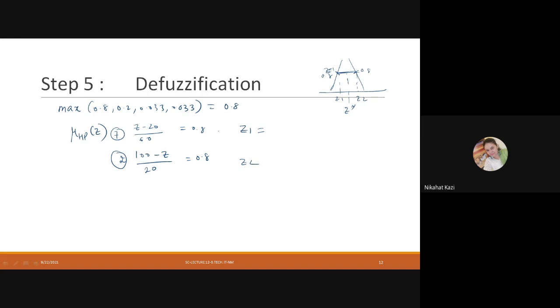Six eights are 48. 68. And Z2, 84. Right. So Z star by mean of max is equal to the average of these two values. And what do you get? 76.